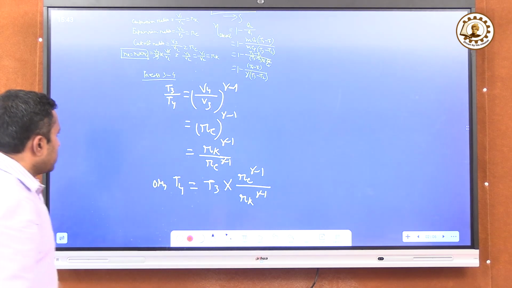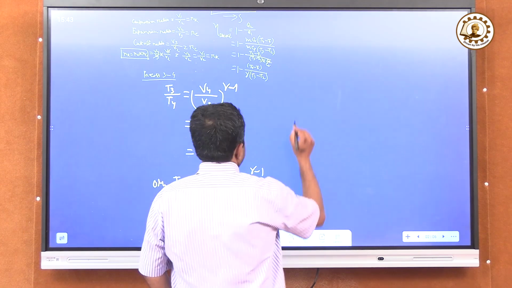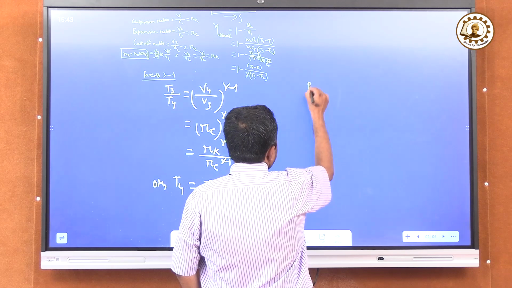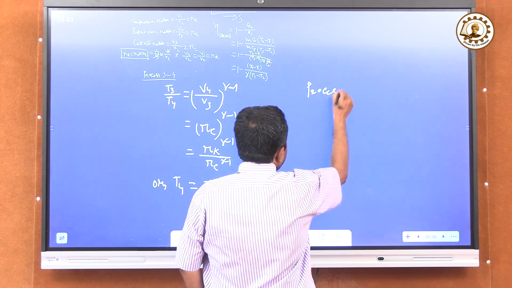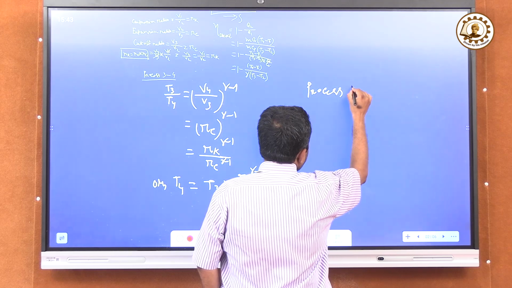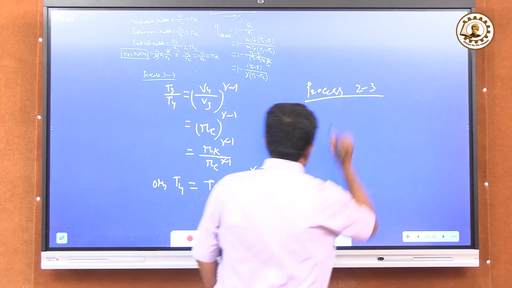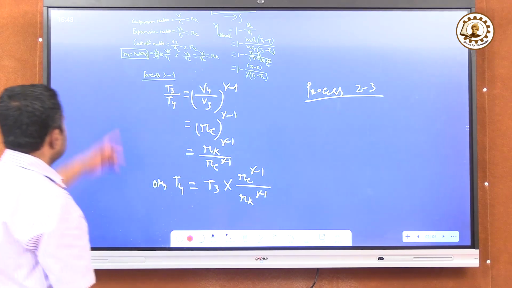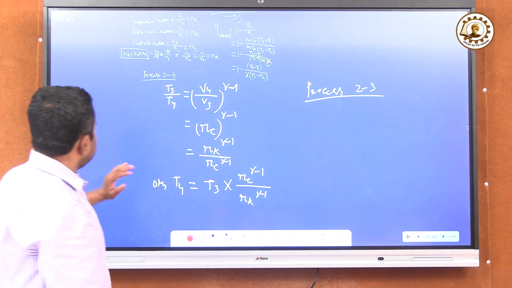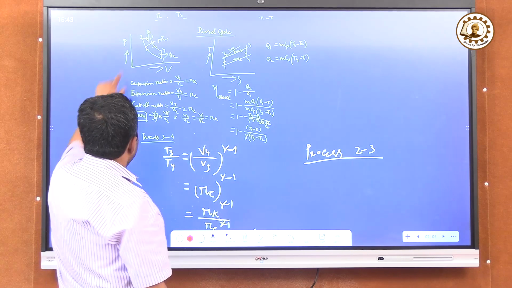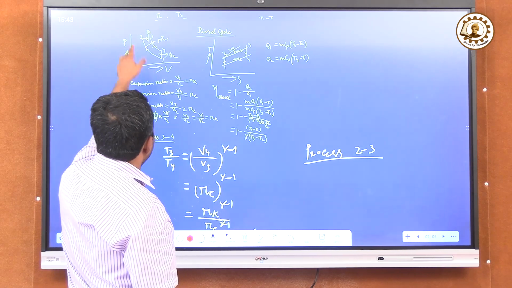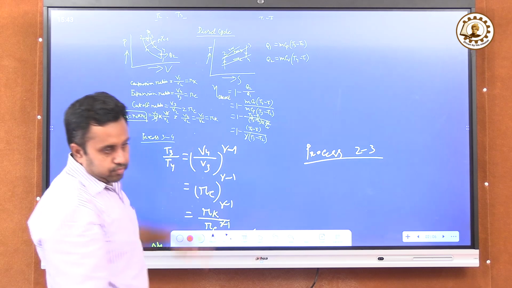Now T4 is done. For process 2-3, what kind of process is this? It is a constant volume heat addition.